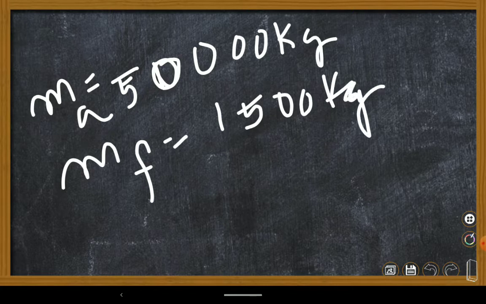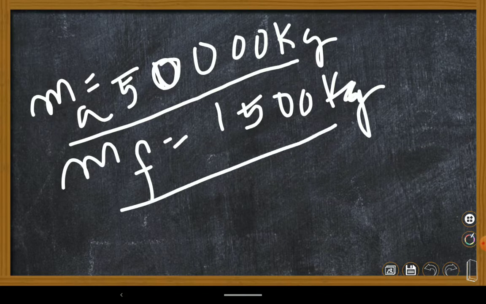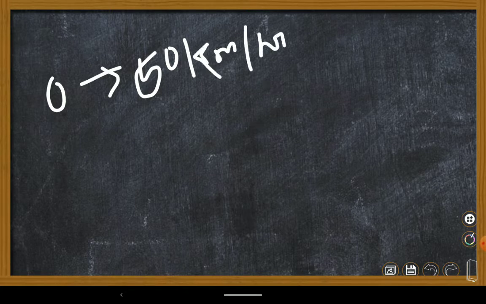We have the masses of two objects, and the mass of the airplane is much bigger than the mass of the Ferrari. Now suppose the airplane changes its speed from 0 to 50 km per hour. We saw that the Ferrari changes its speed from 0 to 150 km per hour within 50 seconds.